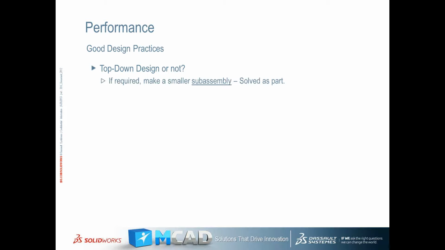So, if you need to use top-down design in your assembly, it should never be placed into the top level of a large assembly. And the reason for that is it has to solve every time you rebuild or every time you move a component.